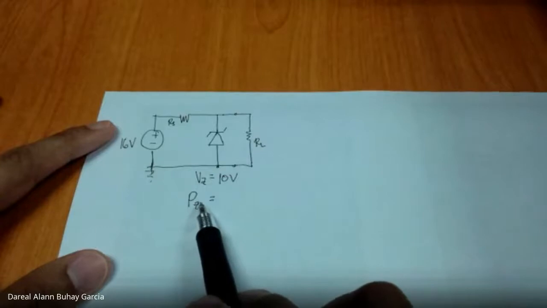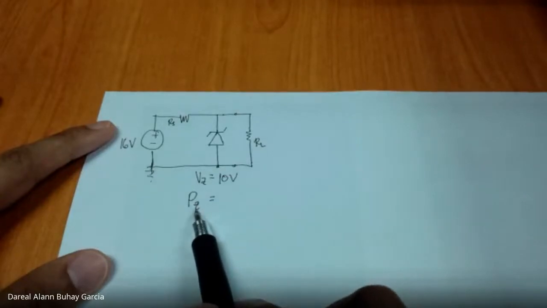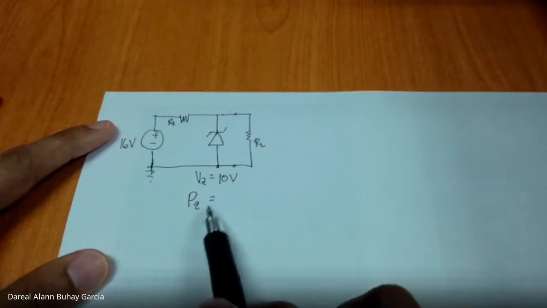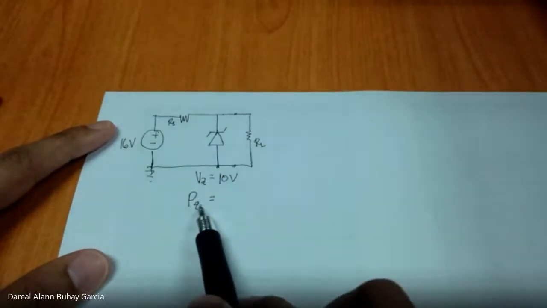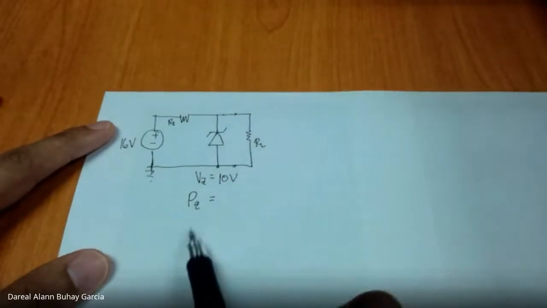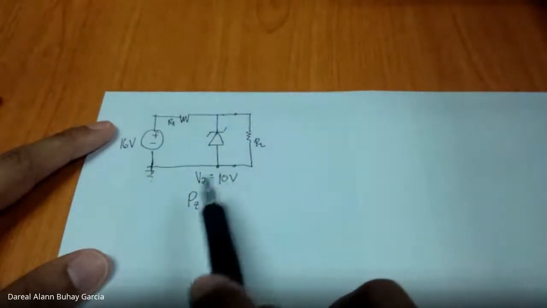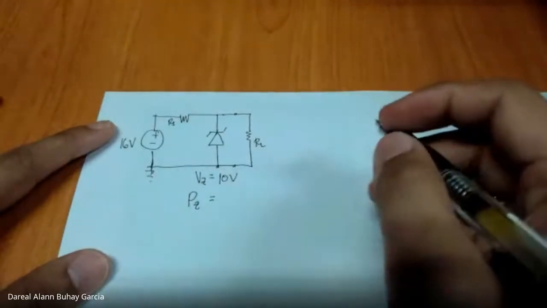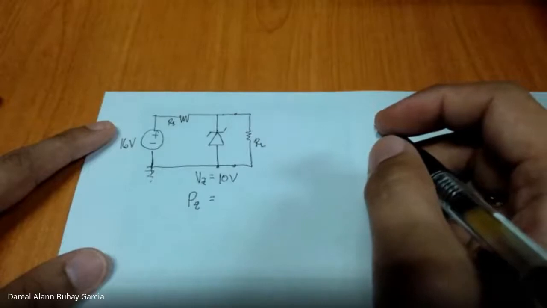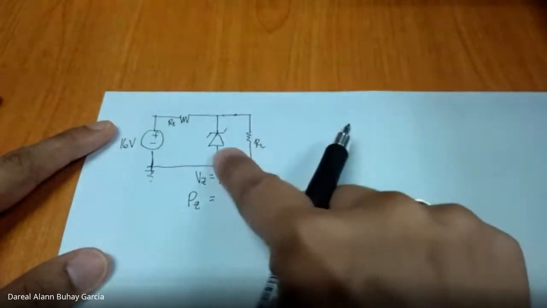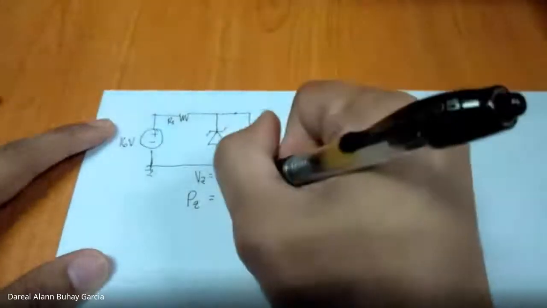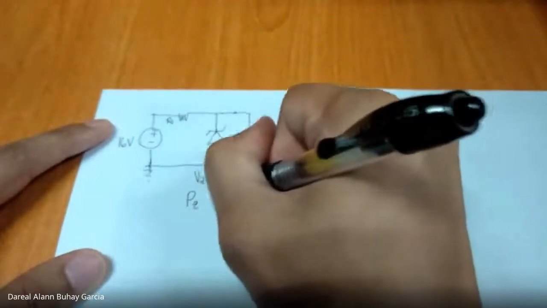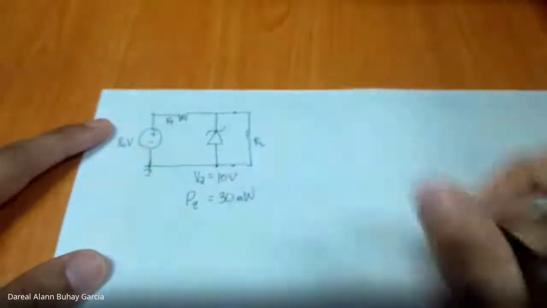If the current IZ is given, let's say for example, we multiply it by VZ to get our PZ. If IZ is not given, we divide PZ by VZ to get the current. Ohm's law, power equals current times voltage. So for this specific Zener diode, our PZ is 30 milliwatts. Okay?